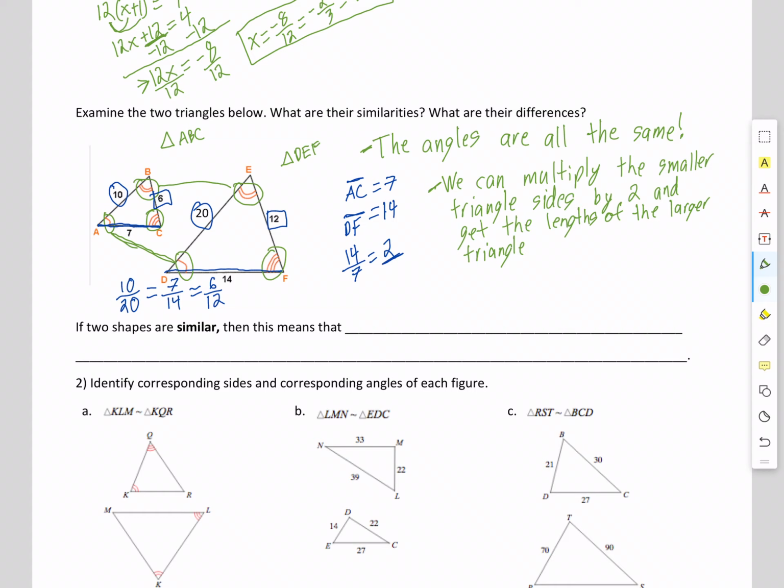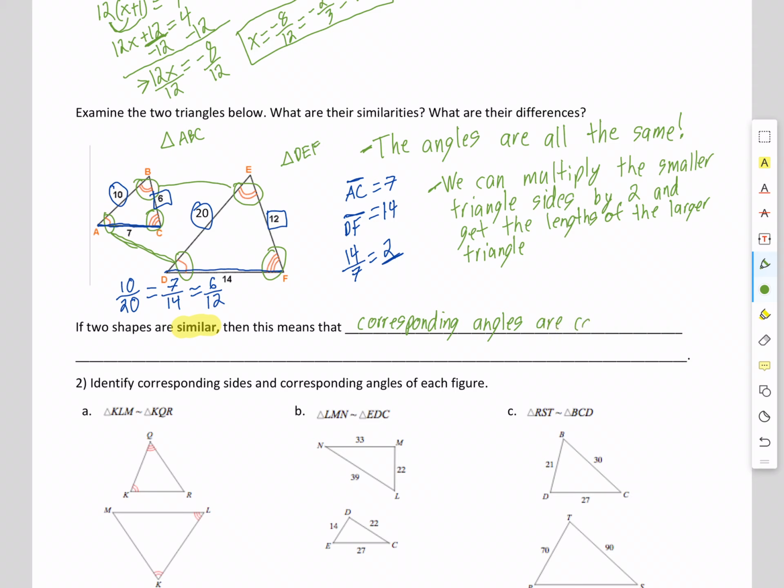So what this means is that those two triangles are similar. What it means to be similar, if we come down here, if two shapes are similar, then it means that the corresponding angles are congruent or equal.